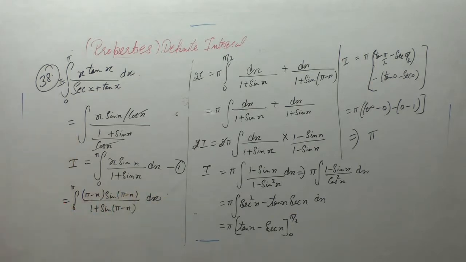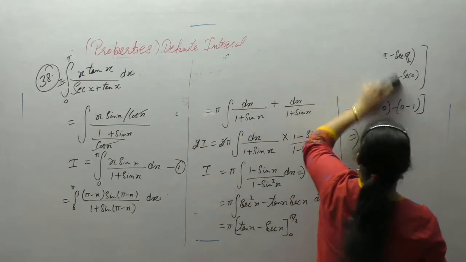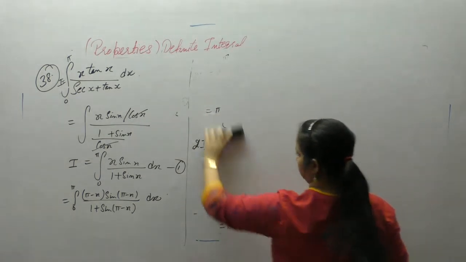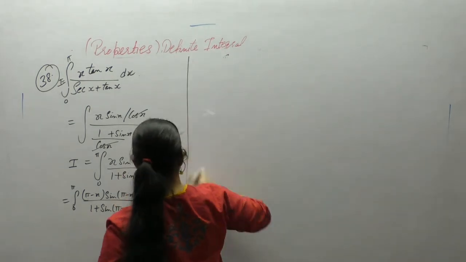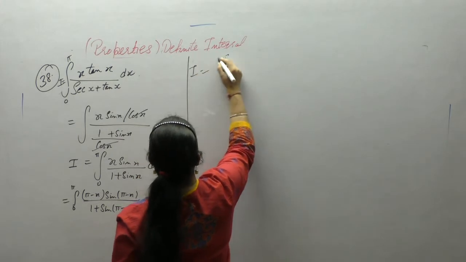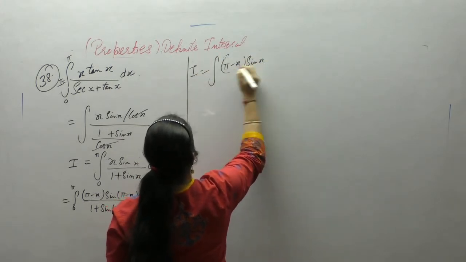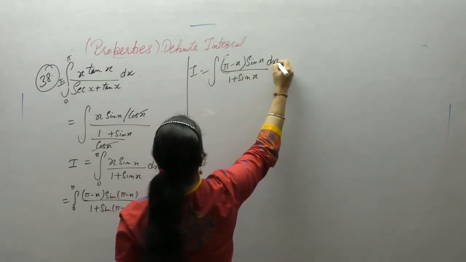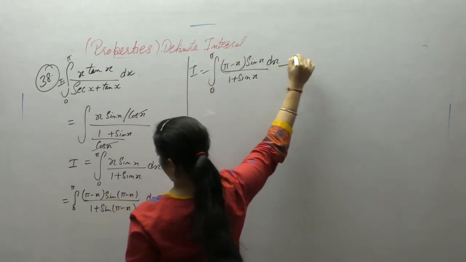Sine of 180 minus theta is sine. Pi minus x sine x upon 1 plus sine x dx, limit is 0 to pi.